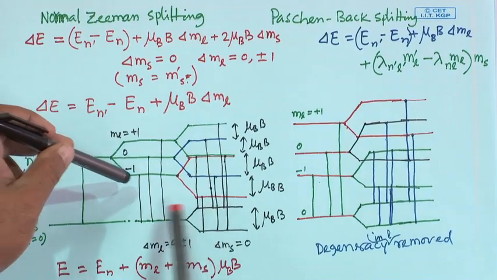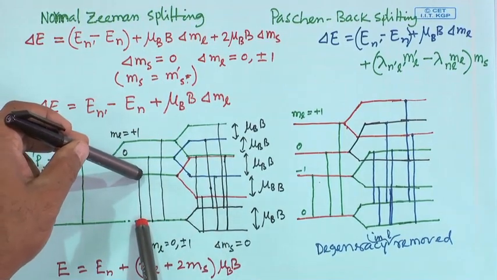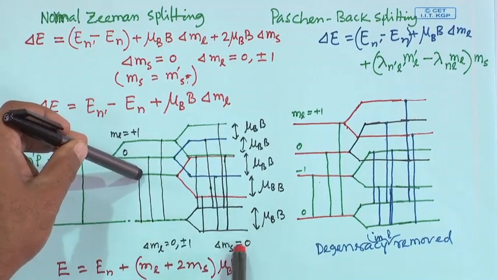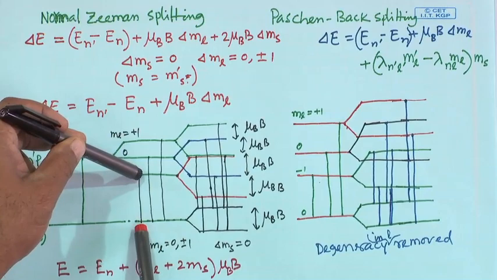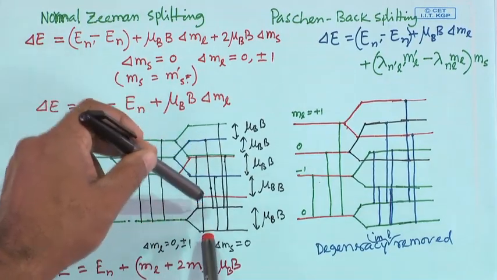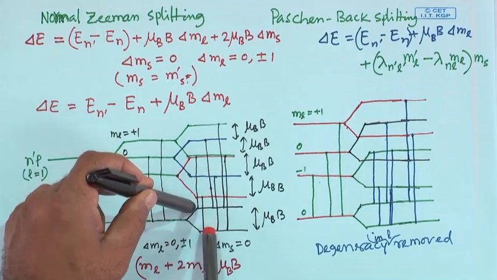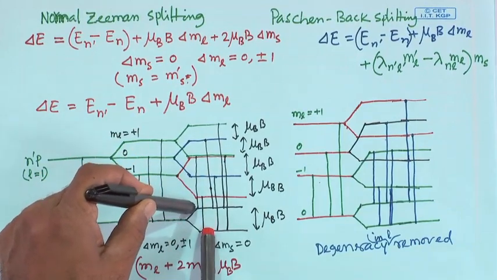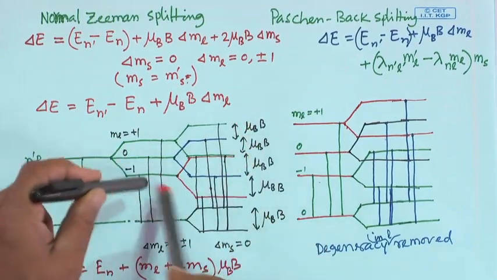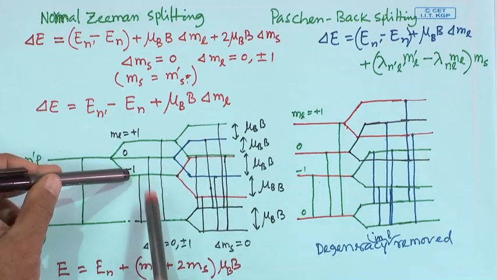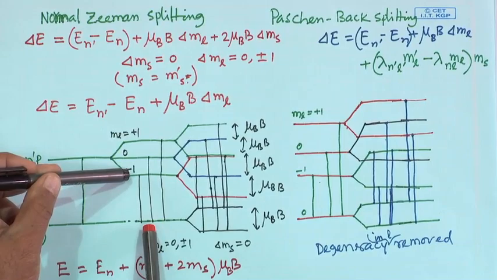So, in this case, this one line, now considering the spin magnetic moment, that means ms, considering that one, we are getting basically two lines, but the energy of these two lines is the same. If you see this symmetrical break, because from here you see whatever the difference of energy.